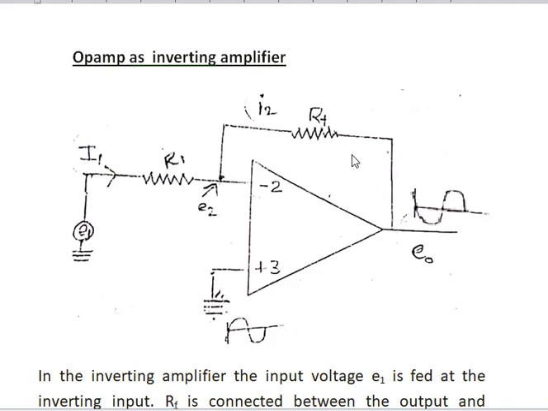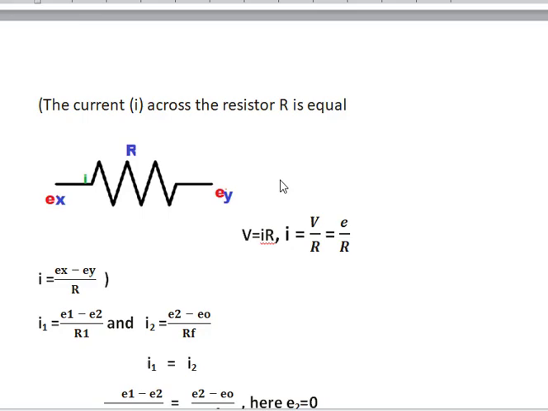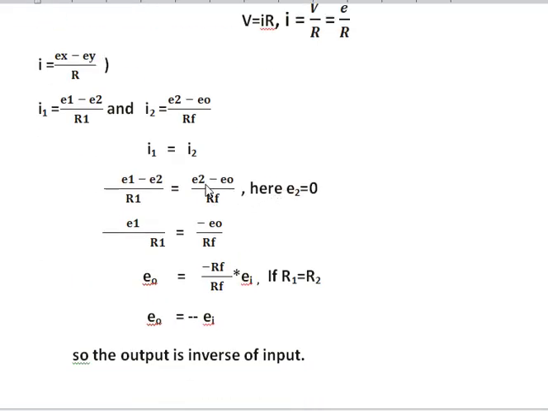So E2 minus EO divided by RF, that is E2 minus E output divided by RF. Here the node voltage E2 is taken as 0. Due to the high input impedance of the operational amplifier, the current drawn there is equal to 0. So E2 is taken as 0.